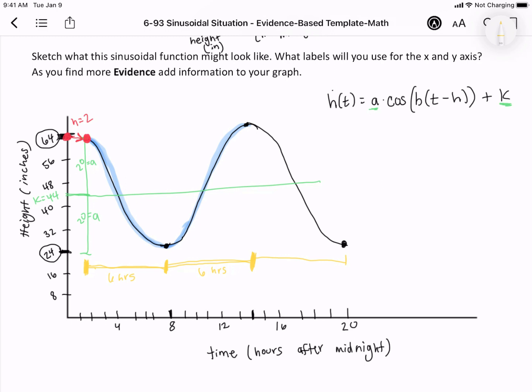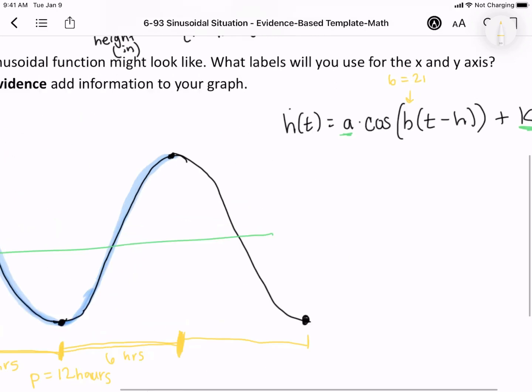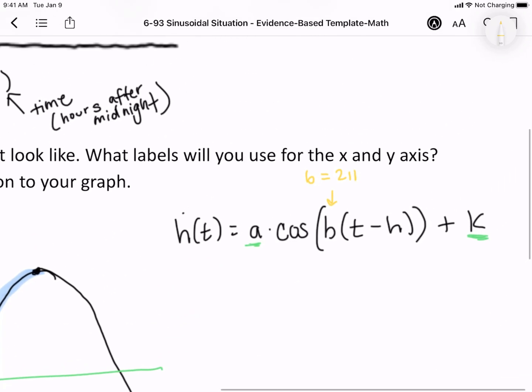So 6 hours and 6 hours is 12 hours. So the period is 12 hours. And so to calculate our B, we take 2 pi divided by the period. And we just found the period is 12. So that is pi over 2.